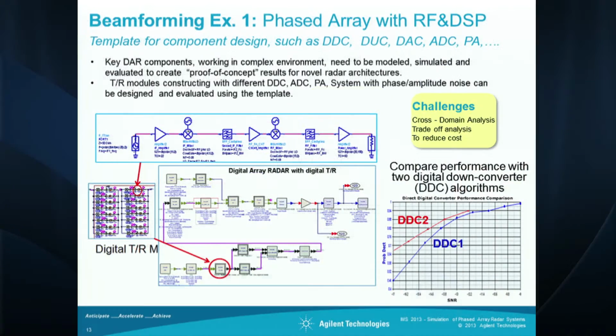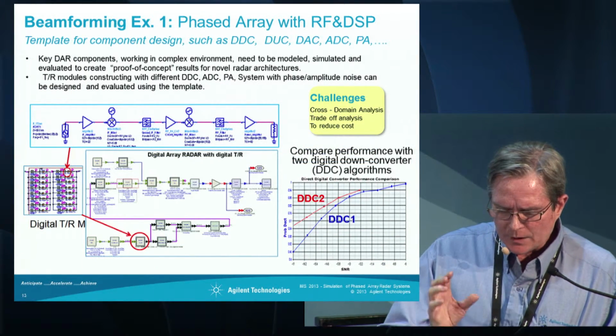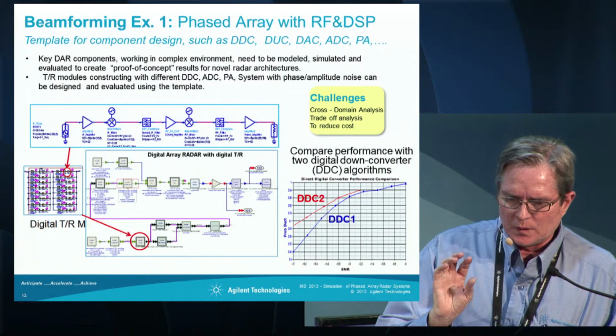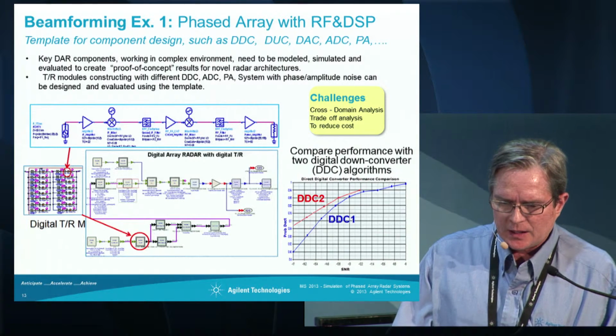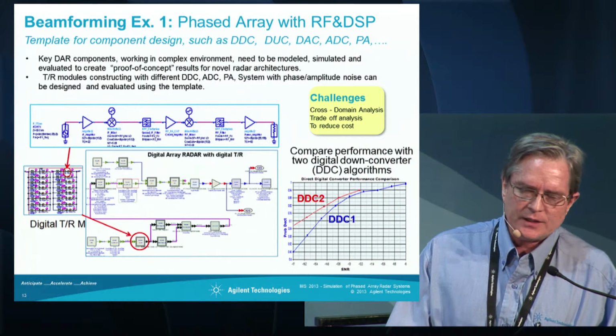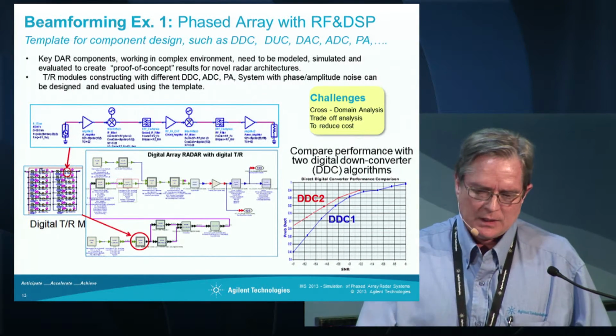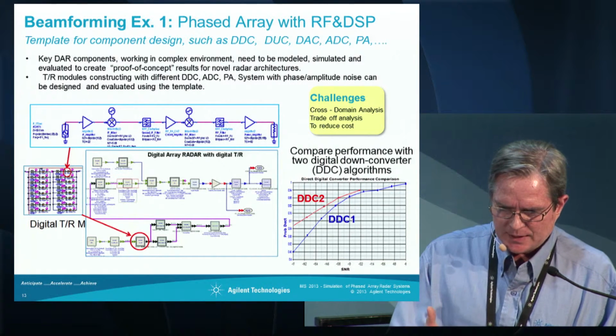So here's a little simple example where we're comparing the algorithms for two digital down converters. And so you see at the top the co-simulation with ADS, and then on the far left there's a little picture of multiple transceiver modules.